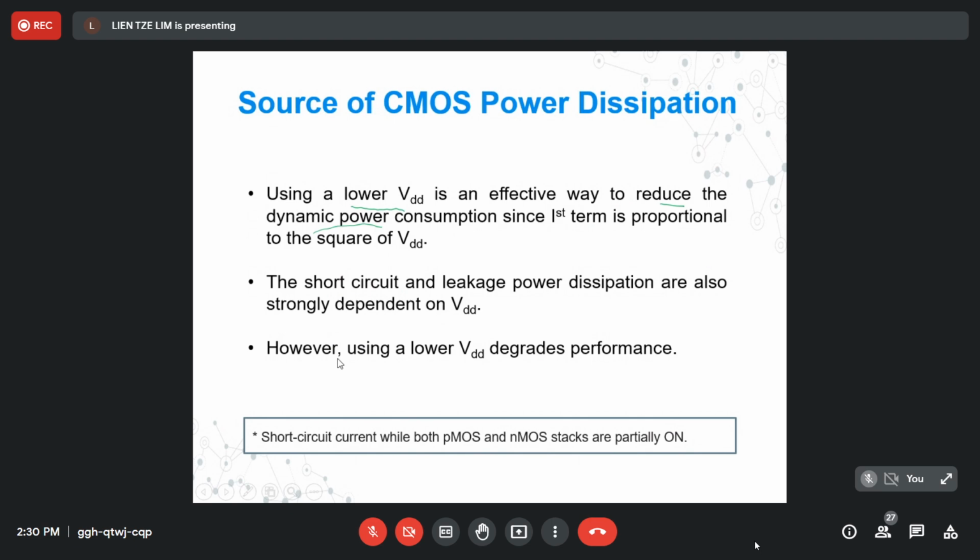However, using a lower VDD degrades performance, so you see the trade-off here. Higher supply voltage increases performance, but we cannot use a high supply because it will cause high dissipation. So the choice of supply voltage is quite important. We want to achieve low power dissipation and at the same time ensure the performance is well achieved.